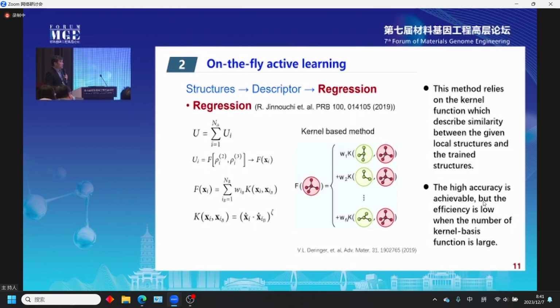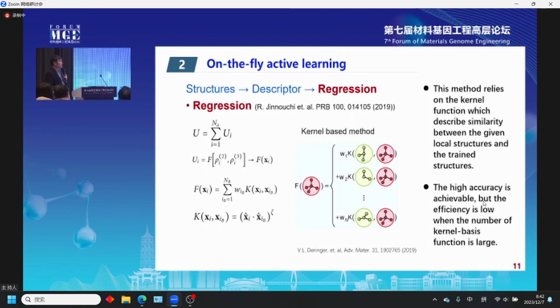Normally, for any kind of structure, if you have a very nice training structure spectrum, you can finally construct this kind of formula according to these weight numbers.